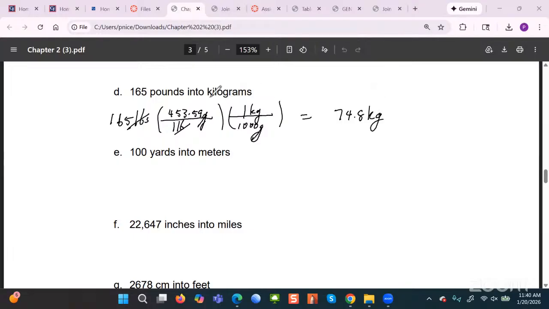Let me just say something here about this situation. If you're trying to convert from a metric unit to a non-metric unit, like in this case you're converting from pounds to grams, those relationships are not exact relationships, right?